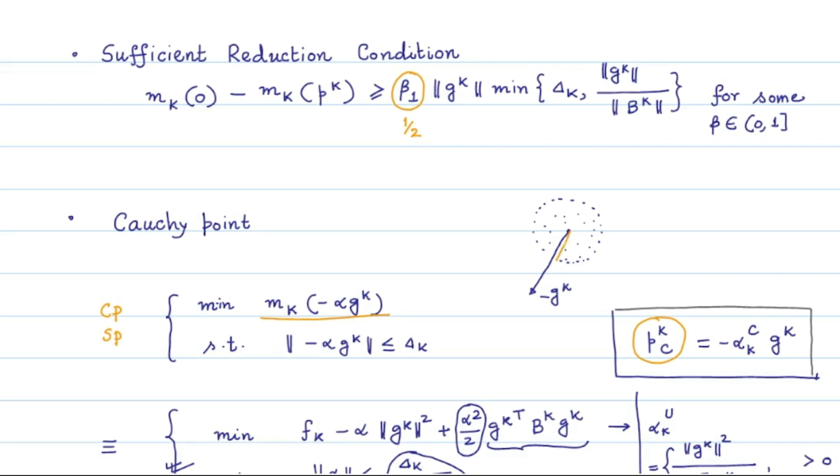If we follow the negative gradient direction at each iteration, then obviously we are following the steepest descent method. And as steepest descent is known to have a slow rate of convergence, this Cauchy point method will become a very slow method to reach an optimum solution to the problem under consideration. Then we can try to improve this Cauchy point.